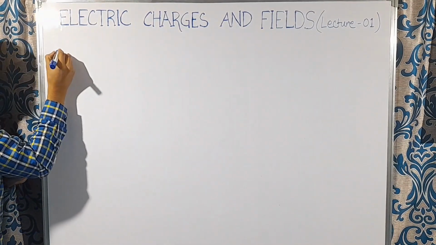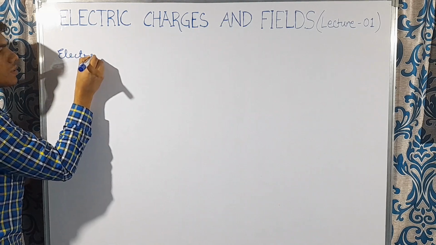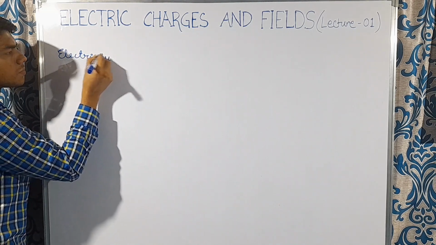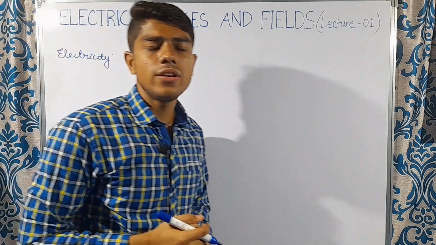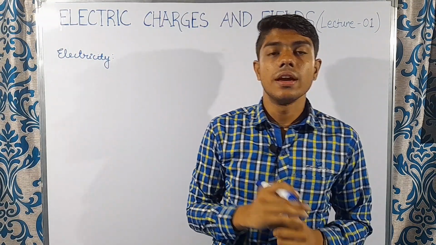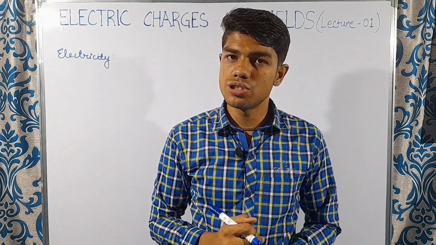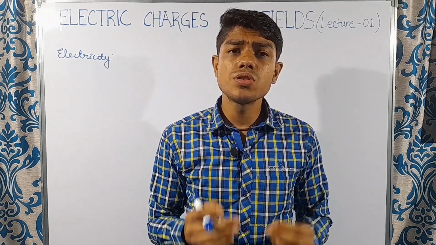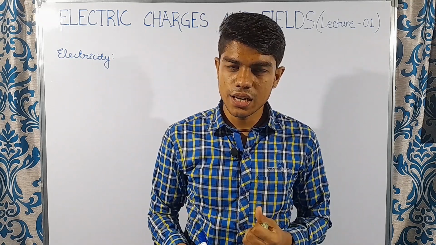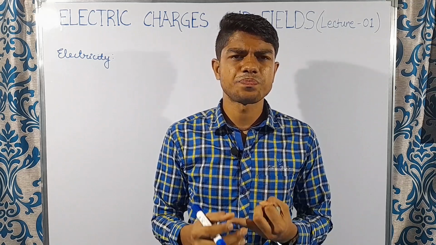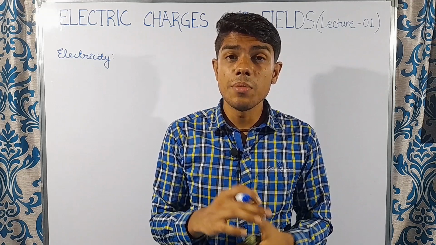In grade 9 we studied that the ability of a body to do some work is called energy, and this energy can be stored within a body in various forms such as light energy, sound energy, solar energy, nuclear energy, chemical energy.